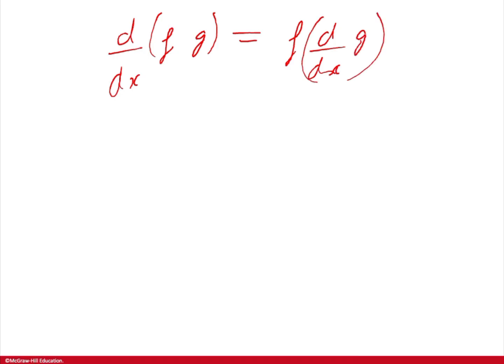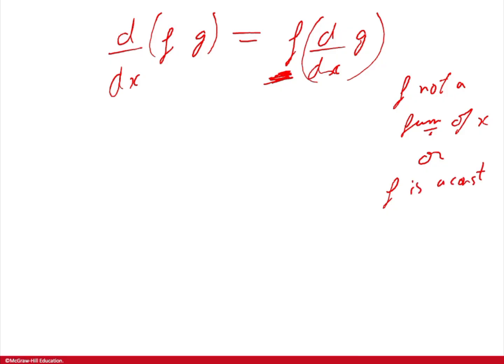What assumption are you making, or what is the uniqueness about f that allows you to take it out of the derivative? You can take f out of this derivative only if f is not a function of x, or alternatively if f is a constant.